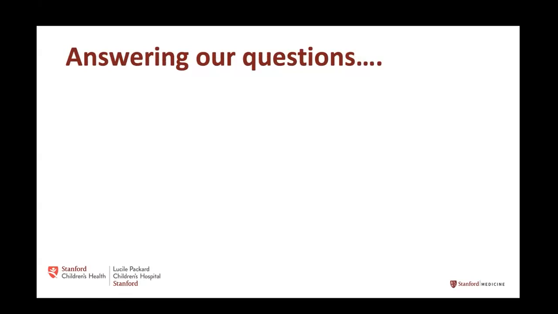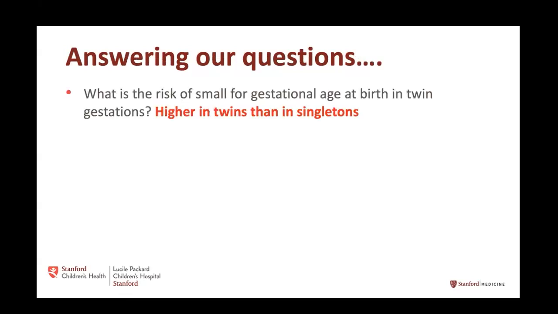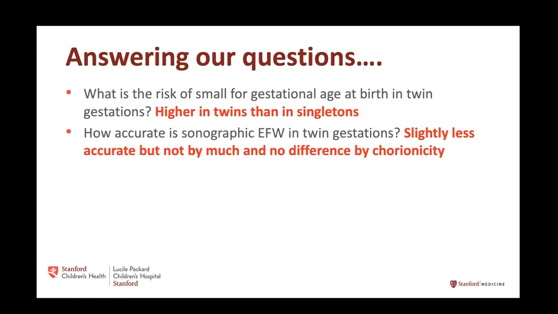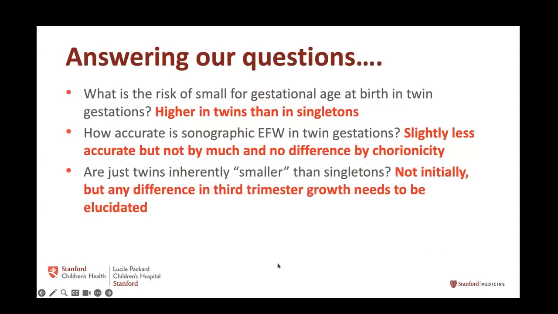So, going back to our initial questions and trying to answer those: what is the risk of SGA at birth in twins versus singletons? Well, it's higher. Most twins will be diagnosed with smaller babies. How accurate is our ultrasound? Slightly less accurate, but not by much, and there doesn't seem to be a difference by chorionicity. Are twins just inherently smaller than singletons?